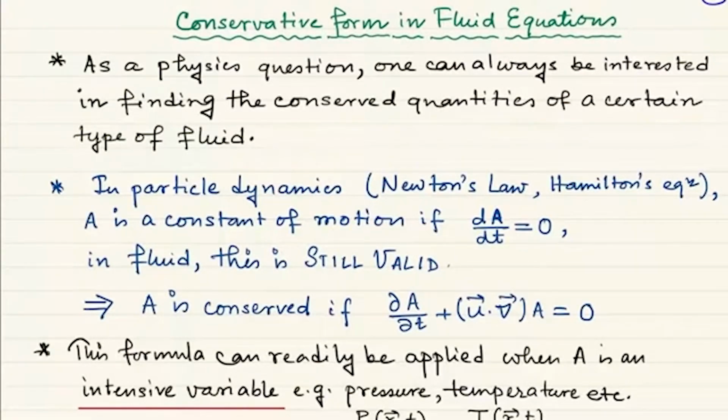So always remember that whenever we need to draw some analogy from particle mechanics or particle dynamics to fluid, the best way is to replace a Newtonian particle, a traditional particle, by a fluid particle. Then only we can write Newton's second law for that fluid particle.